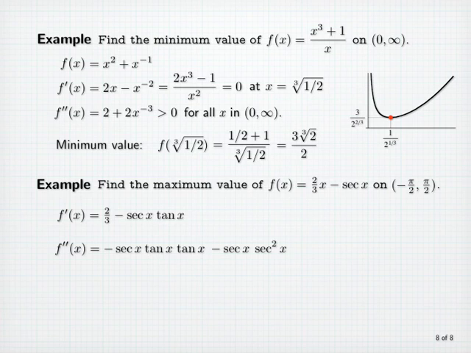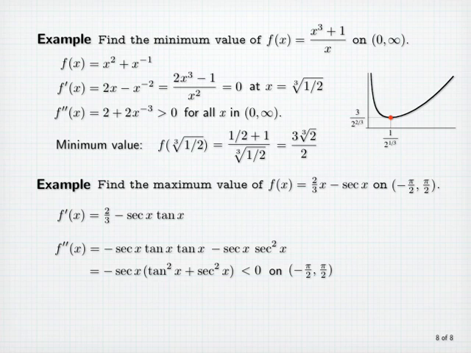We can now factor minus secant x from each term and observe that the other factor is tangent squared x plus secant squared x. Now, since secant x is positive when x is between minus pi over 2 and pi over 2, we conclude that f double prime of x is less than 0 on the interval from minus pi over 2 to pi over 2.